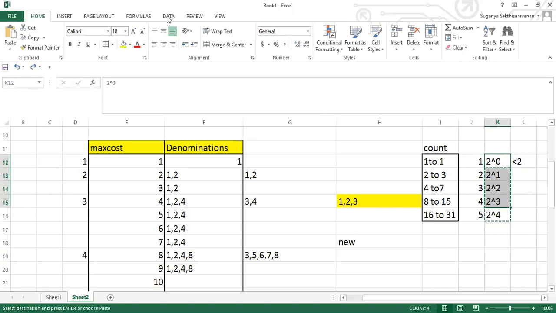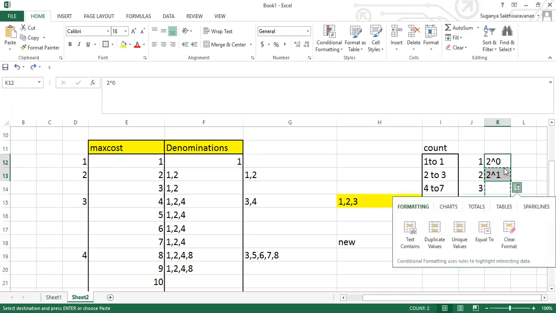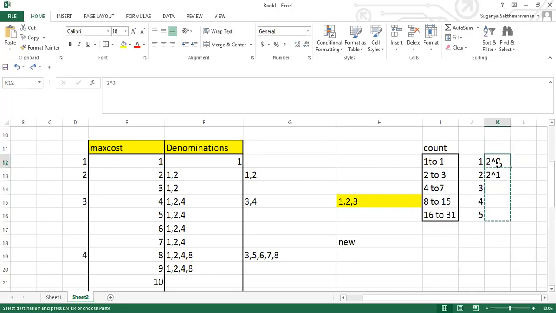Can you understand this one? Is this clear? Do you have any doubt in it? Okay, fine.